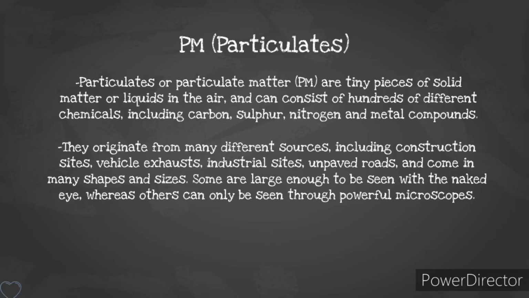They originate from many different sources, including construction sites, vehicle exhaust, industrial sites, unpaved roads, and come in many shapes and sizes. Some are large enough to be seen with the naked eye, whereas others can only be seen through powerful microscopes.